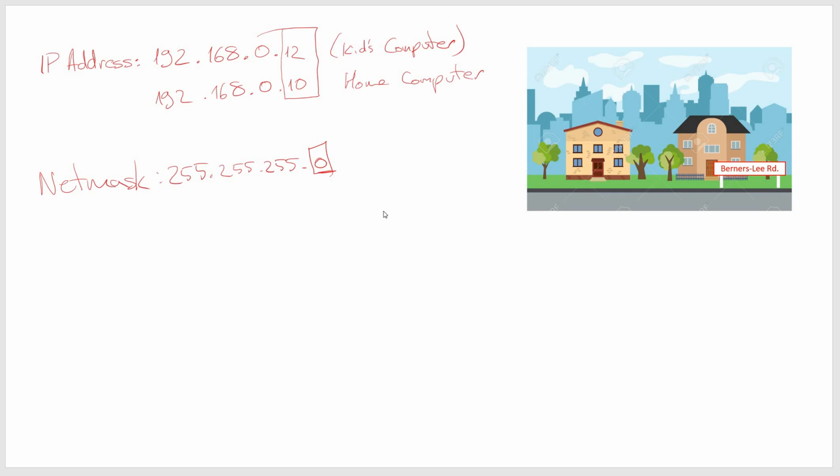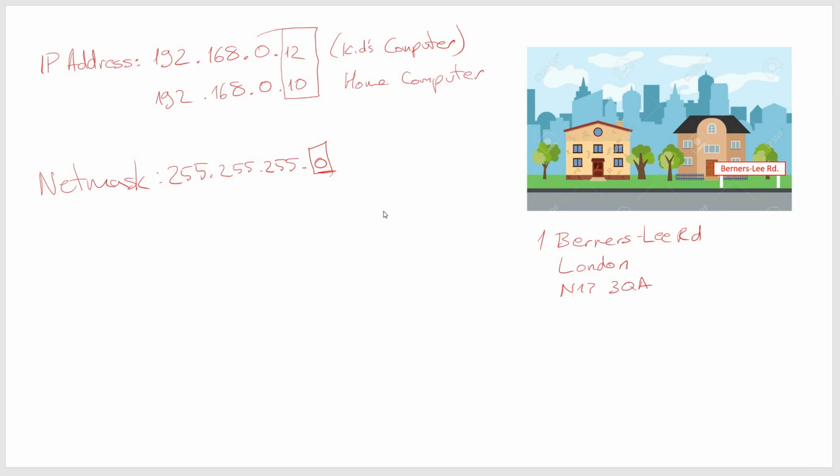Now, if we write the address for these houses, let's do it for this one and this one. We'll say the first house is 1 Berners-Lee Road, and then, for example, London, and then N17 3QA.